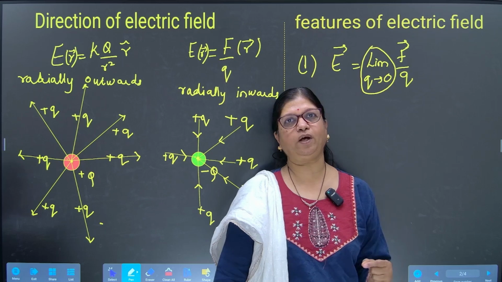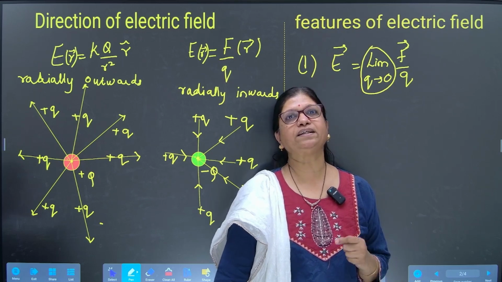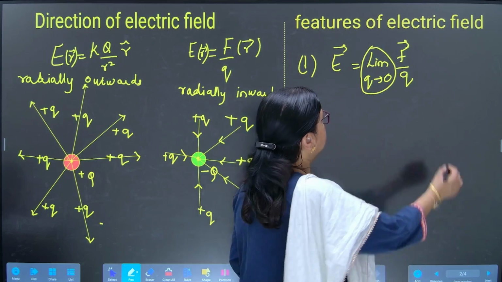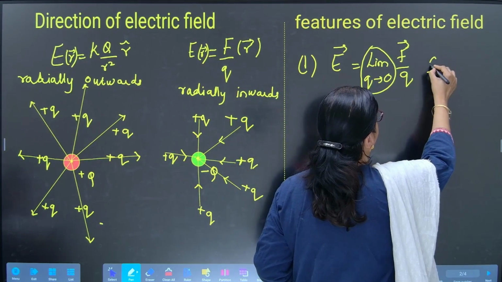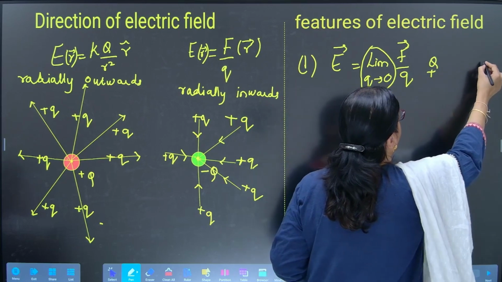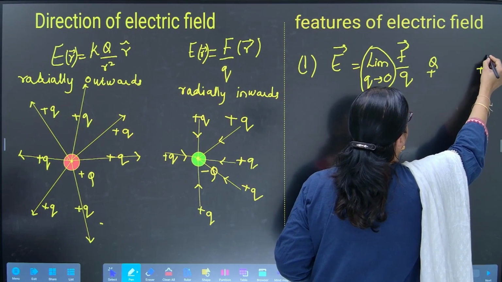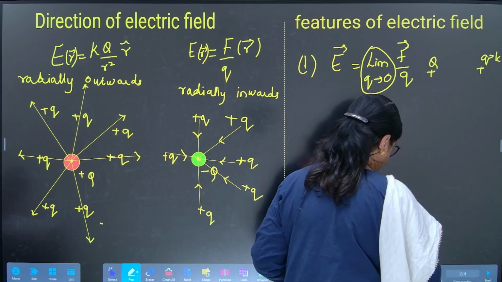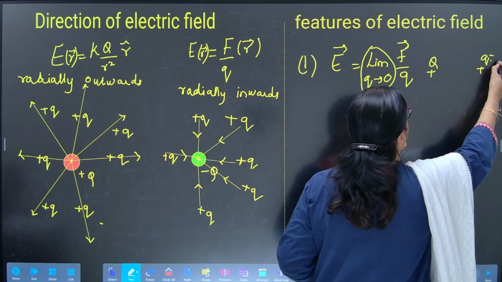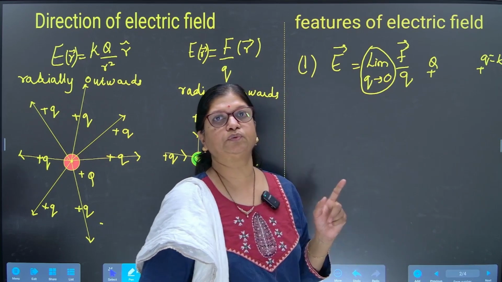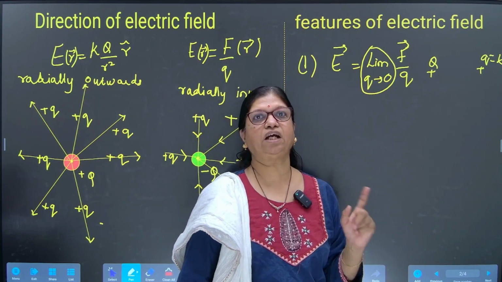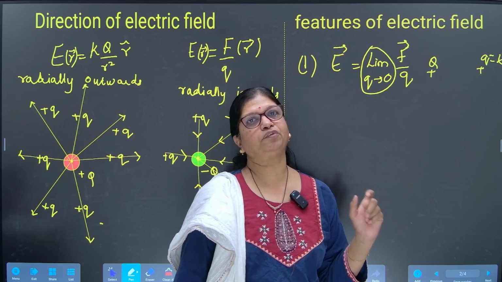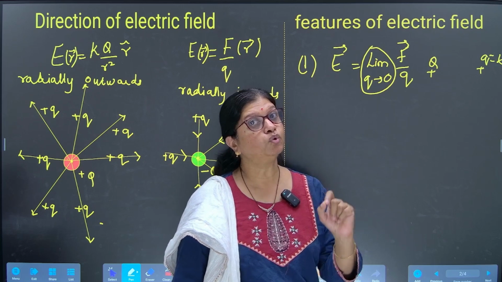The PYQ asked is: what is the significance of limit Q tends to 0? The significance is, if we take a source charge which is a large amount, and if we take a test charge which is of a very small amount, say 1 coulomb, then the electric field due to the test charge must not affect the electric field due to the source charge and move the source charge.